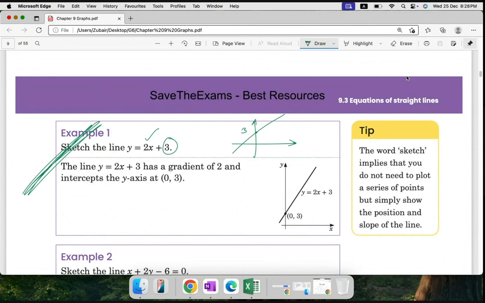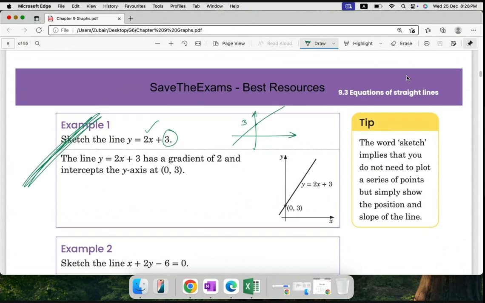The next line, x plus 2y minus 6 equals 0. I'm rearranging, making y the subject of formula for better understanding. So x plus 2y minus 6 equals 0, so 2y equals minus x plus 6. Then y equals minus 1 by 2x plus 3. Any disagreement in this, making y the subject of formula?